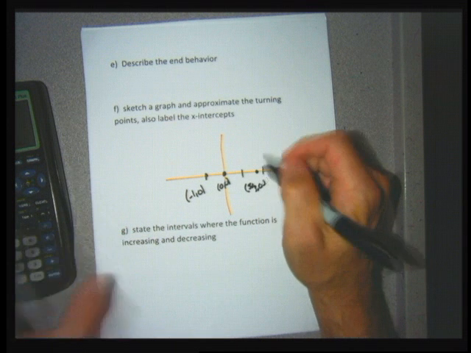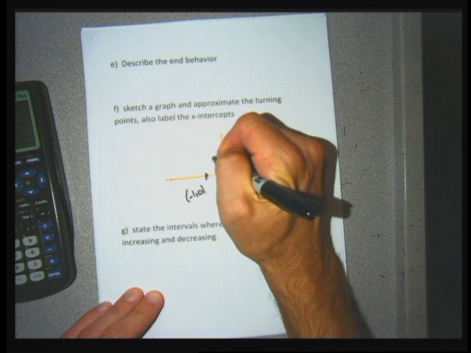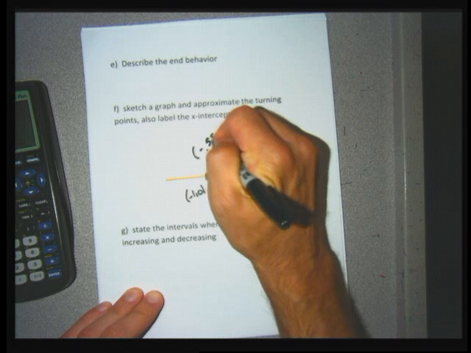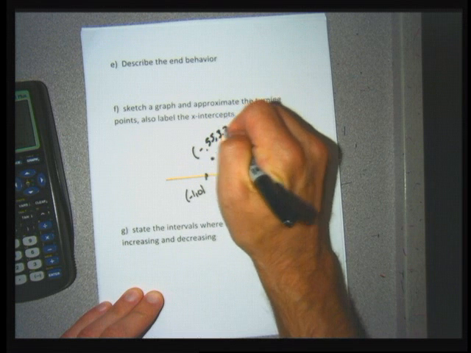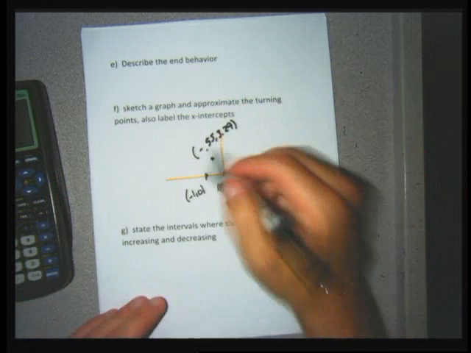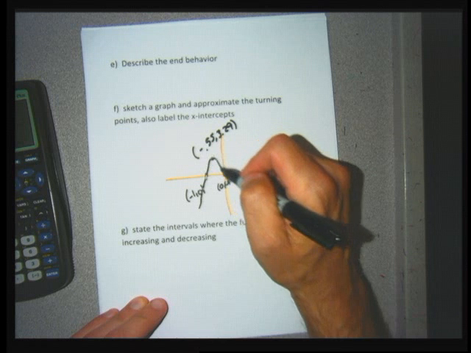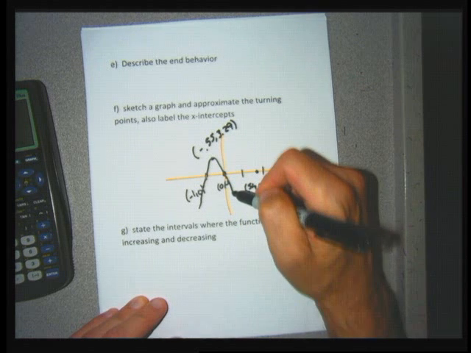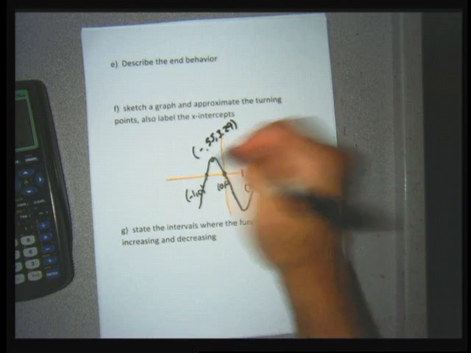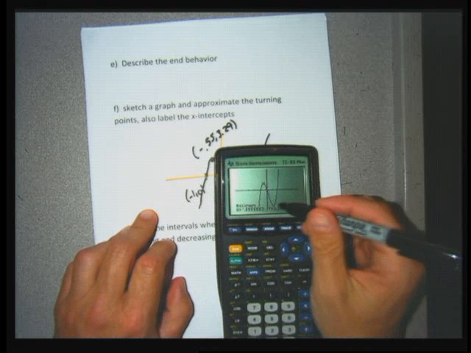Has this maximum at (-0.55, 3.29). I'm just rounding to 2 decimals just so I'm consistent. So the portion of the graph that I have so far, I almost have everything labeled. The only thing left I have to label is that turning point.